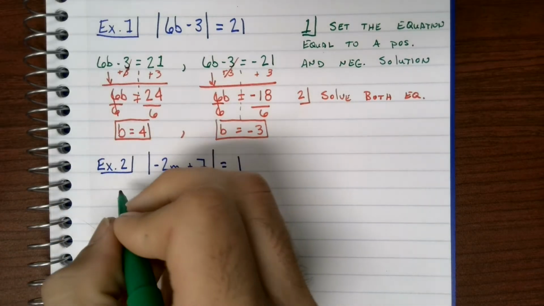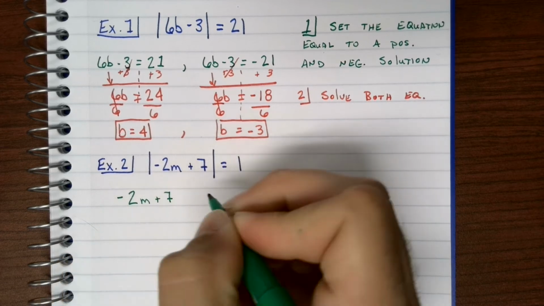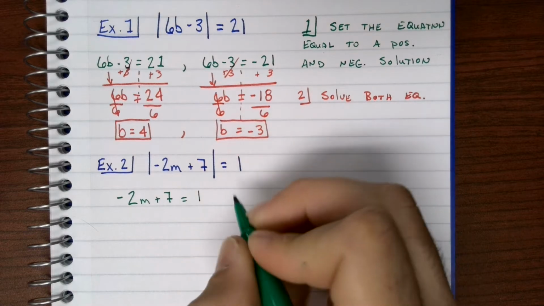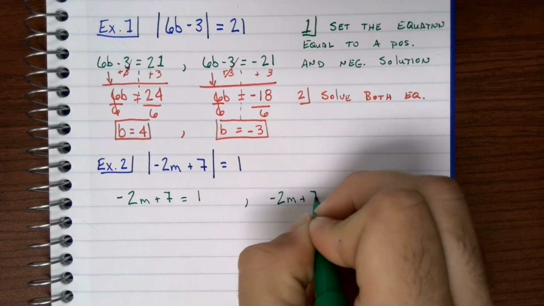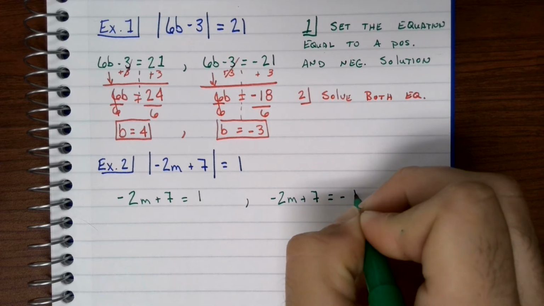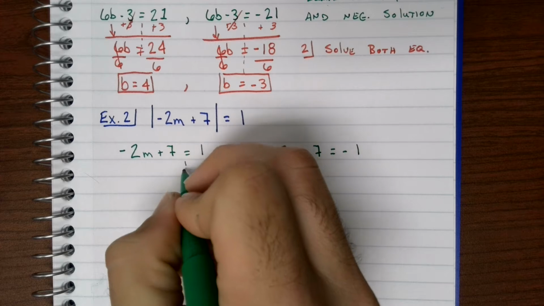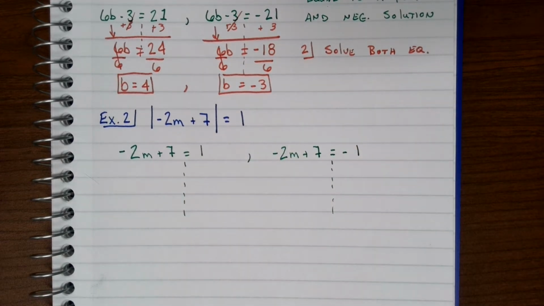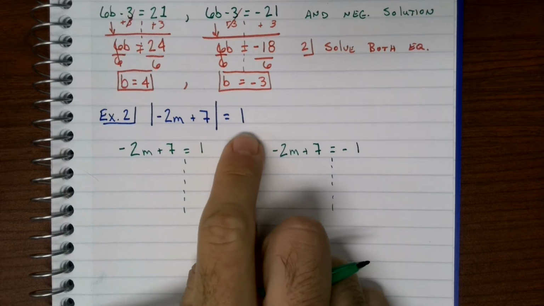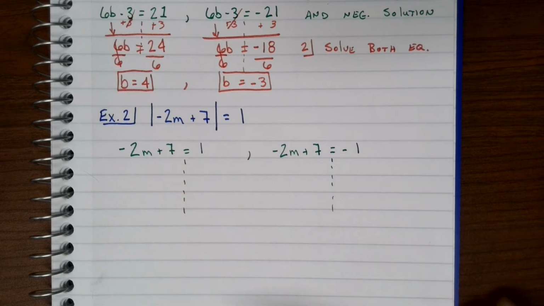You're going to have negative 2m plus 7 equals 1, and negative 2m plus 7 equals negative 1. Then we're going to solve. It's just like a two-step equation. The only thing you're doing is having a positive solution and a negative solution.